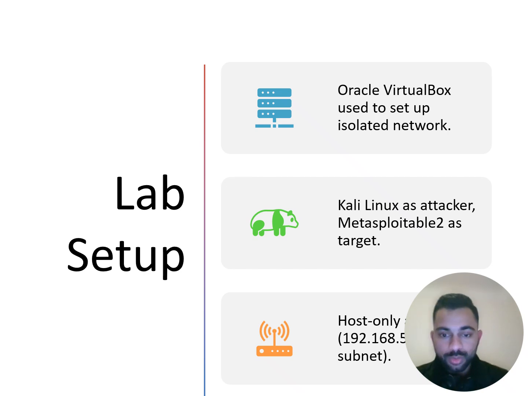Here is only the overview of the report, in which we use Oracle VirtualBox to set up the isolated network, with Kali Linux as the attacker, Metasploitable 2 as the target, and host-only subnets, in which we install a secure and isolated testing lab designed and implemented carefully with Oracle VirtualBox virtualization technology.